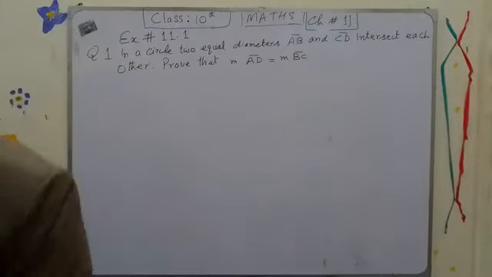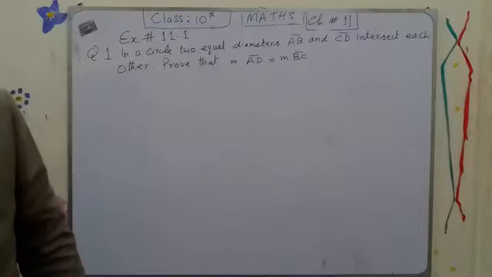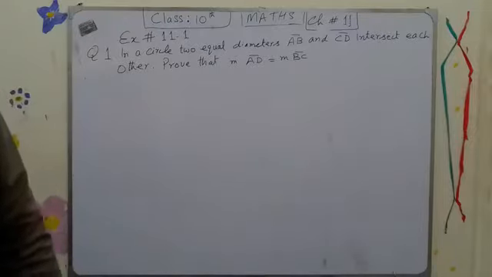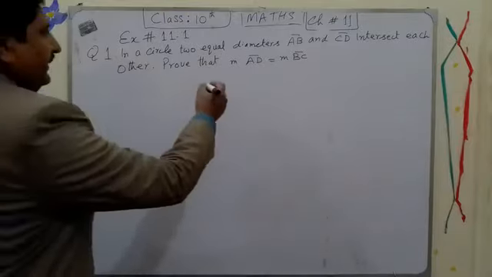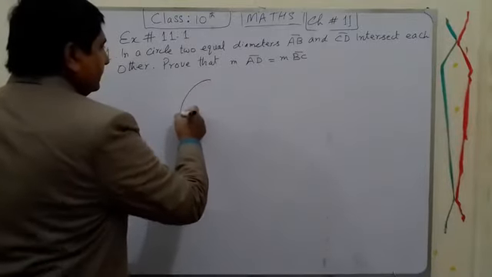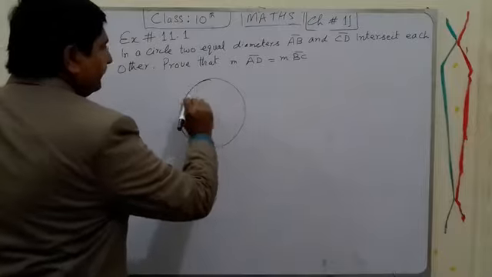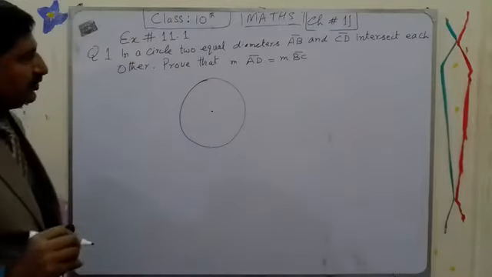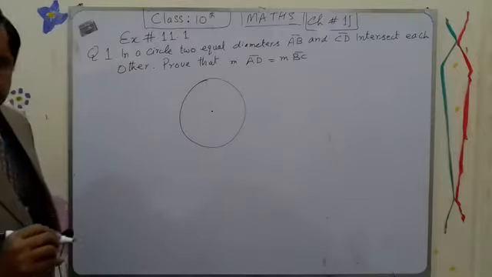Here the question says that we have been given two diameters in a circle. Let's see. This is our circle, right? So there are two diameters.